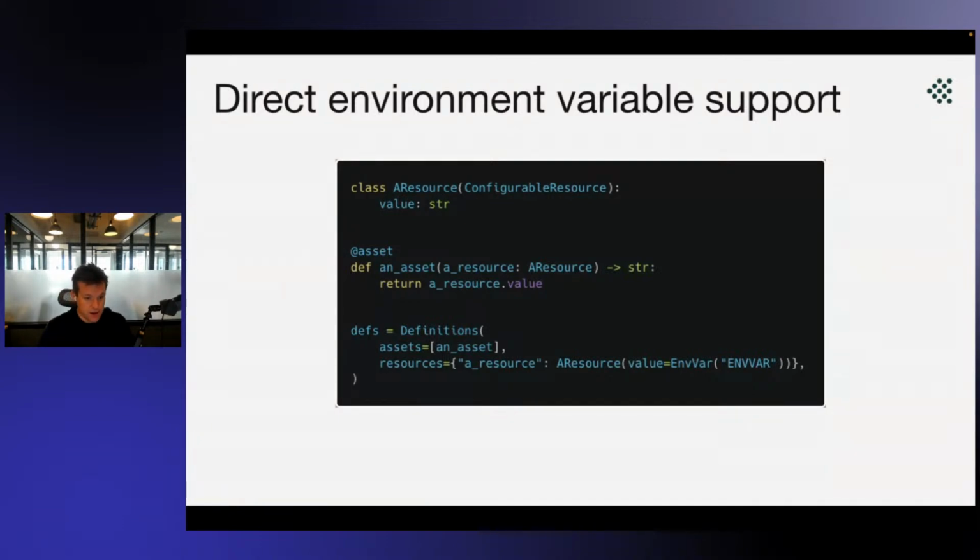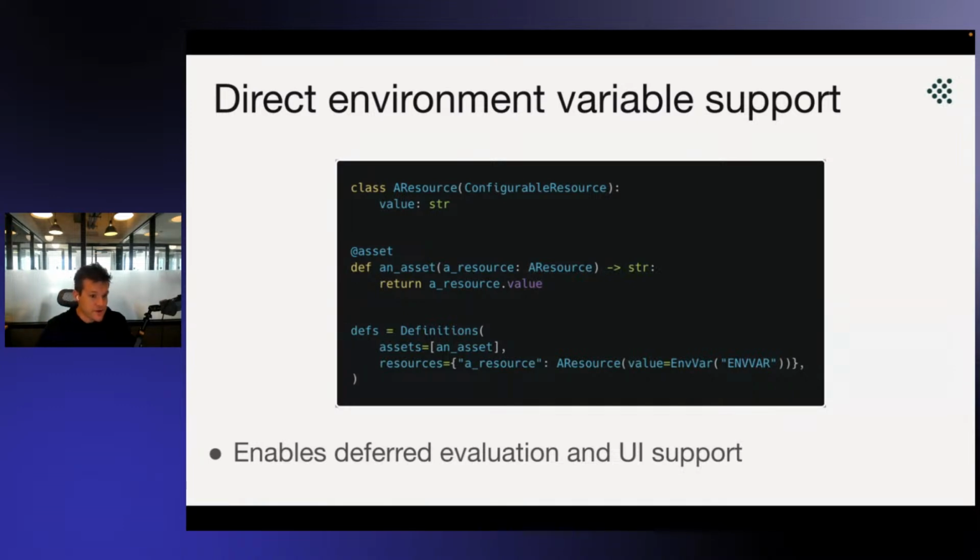So this is nice because for tests, say, you could just new up a resource and pass it the value that was going to be in the environment variable if you just want to test something out. But for production scenarios, you can say, actually, I want to source this string from an environment variable. And that evaluation is deferred until runtime. And also we have specific UI support, as you'll see, where with this structure, you can go into the UI, and in cloud, you can update the value of that environment variable directly from the UI.